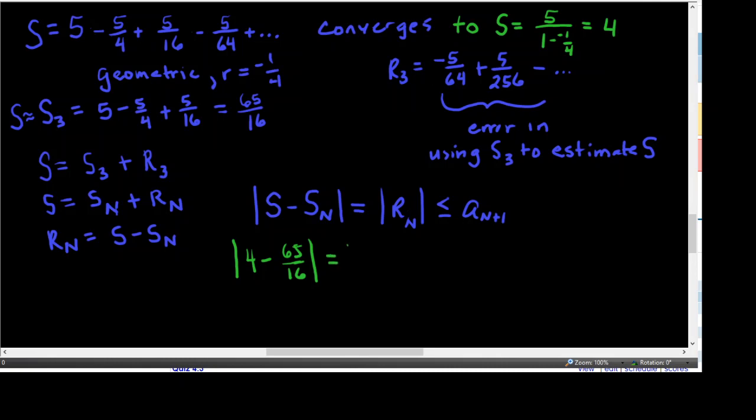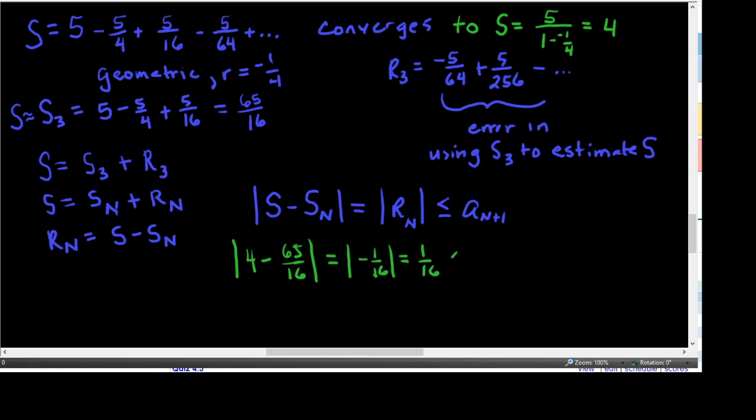That's the remaining part of the series that we aren't using to estimate it. And 4 minus 65/16 is negative 1/16. The absolute value of negative 1/16 is 1/16.